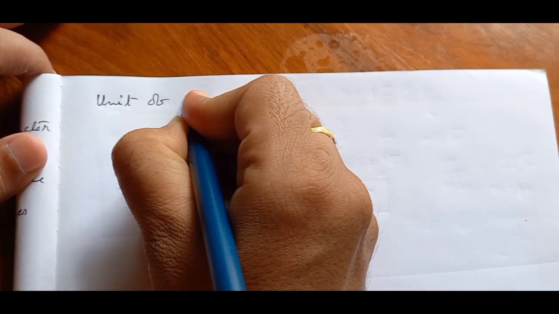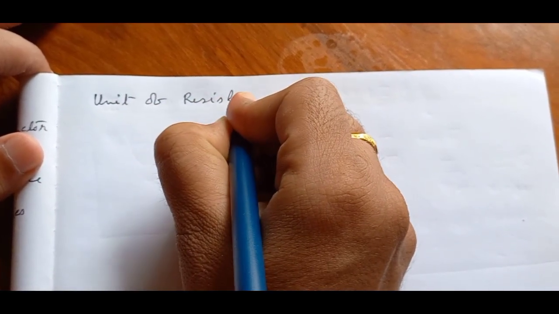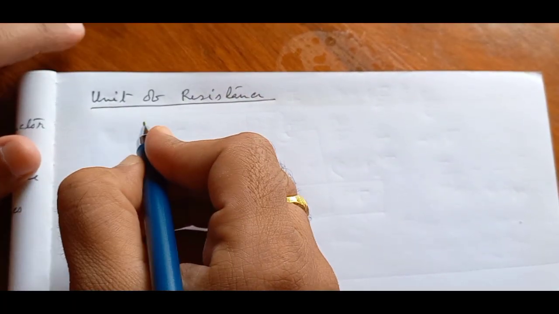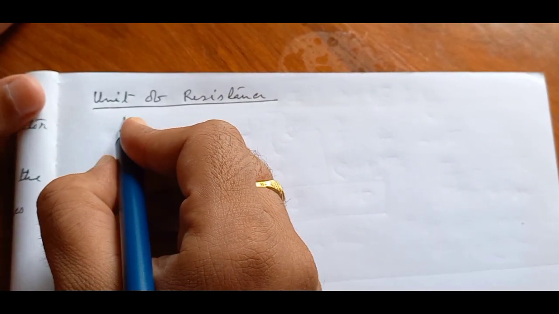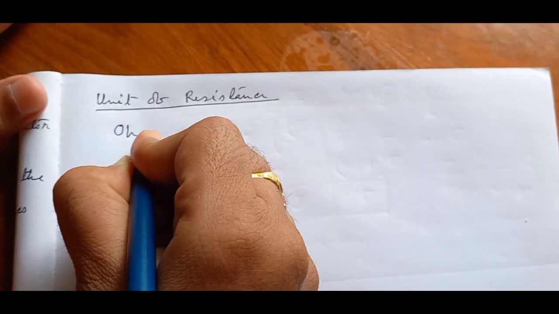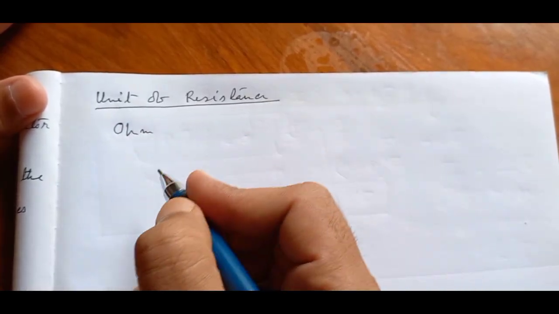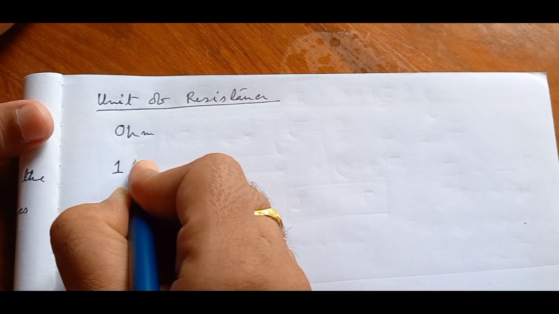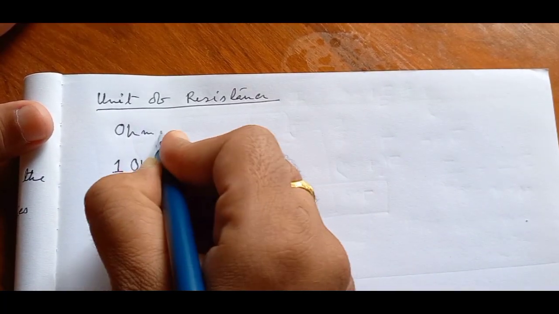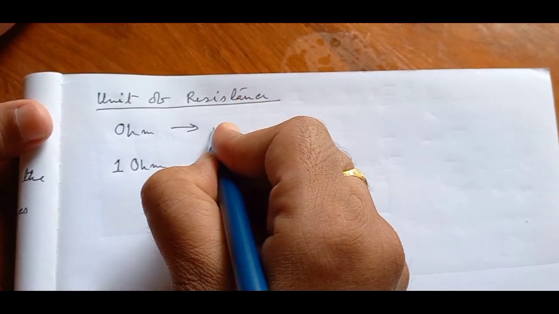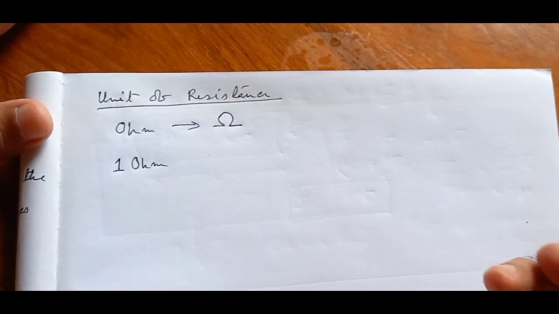Unit of resistance. In SI units, the unit of resistance is ohms. Therefore, 1 ohm, what is 1 ohm? Ohm is denoted by the symbol like this.